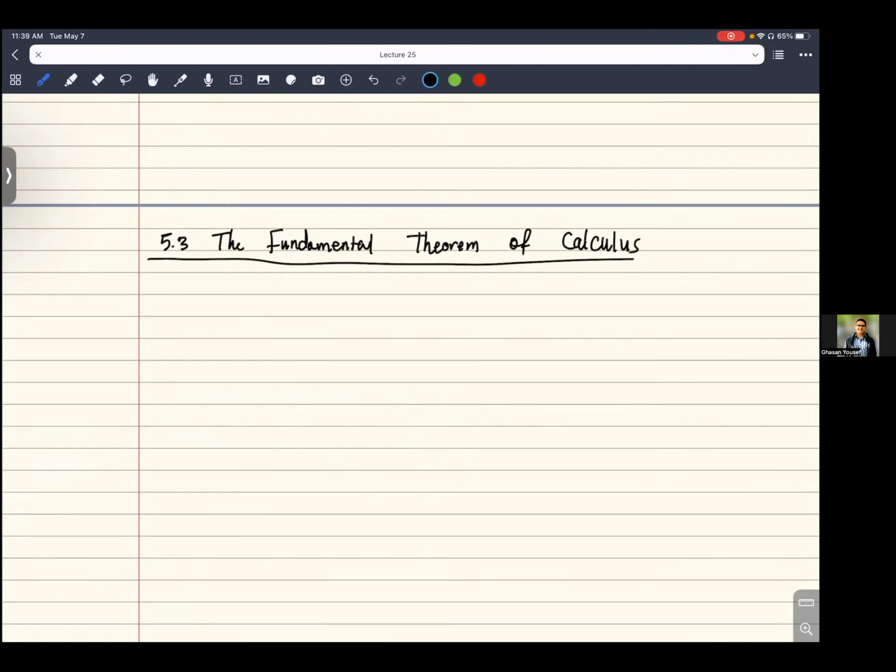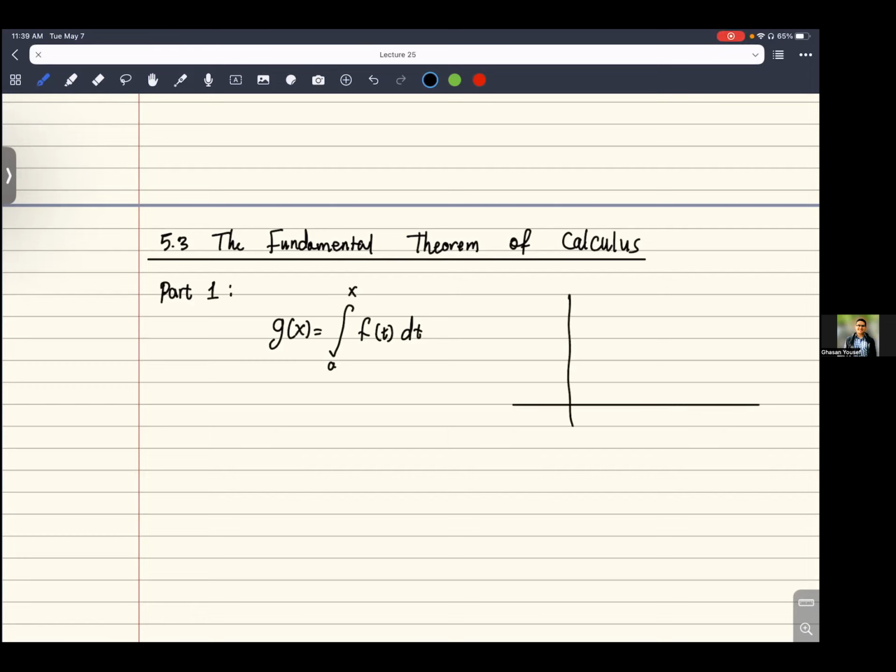They have two parts in this section. Part 1, let's talk about the integral g of x equal the integral from a to x of f of t dt. I'm gonna explain it next time because we don't have time. It's the same as if I have a graph like this and a function like that.